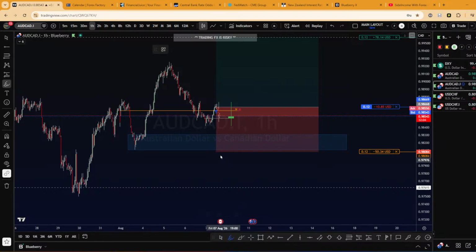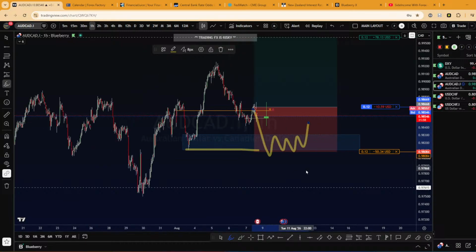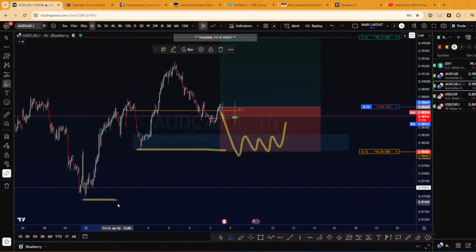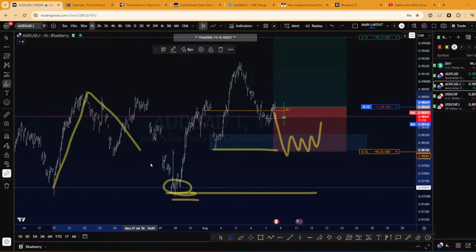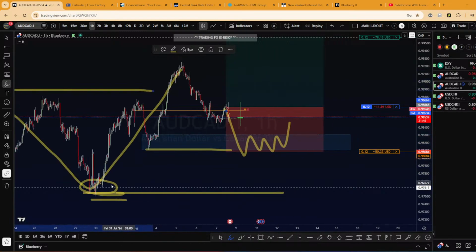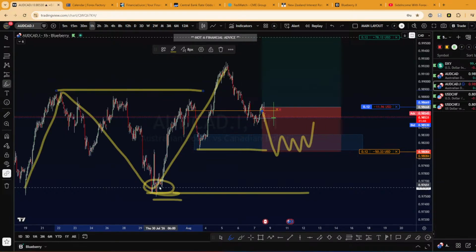this could help push the price even higher. Even if I get stopped out, for example, if price decides to reject this low, I will enter again, but this time with my stop below here, because this will represent my last line of defense. This is my structure. You see, we broke above this high, so this is the origin of this leg which broke this high. So this is my last line of defense.